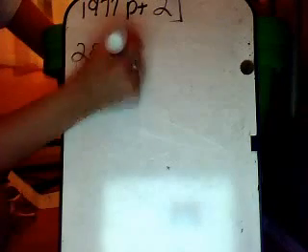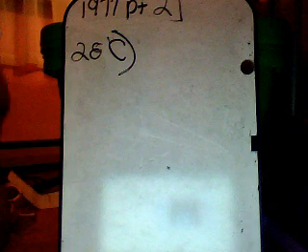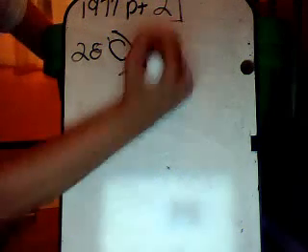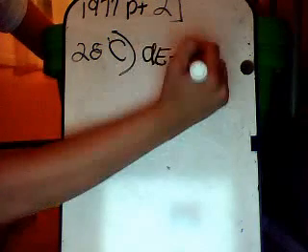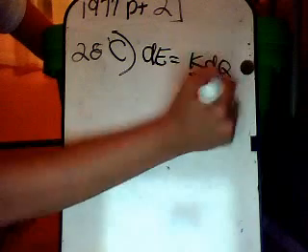Alright, C. The magnitude and direction of the electric field. So you know that the derivative of the electric field, dE, equals K times a little bit of Q over R squared.